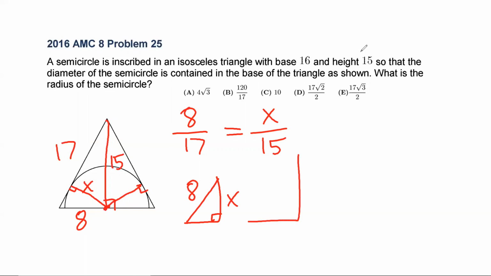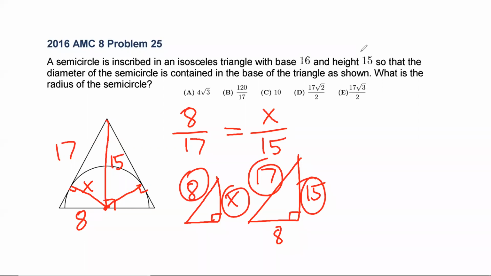And we have our other triangle here, with a hypotenuse of 17, a base of 8, and a height of 15. Because they're similar, this over this is equal to this over this. Okay, cool. So if we solve for x here, we get x is equal to 8 times 15 over 17, which is equal to 120 over 17, which is B.